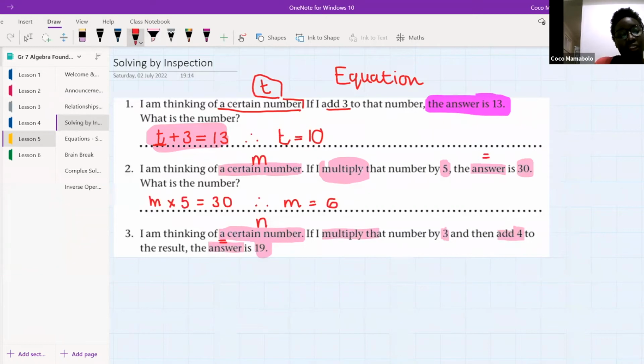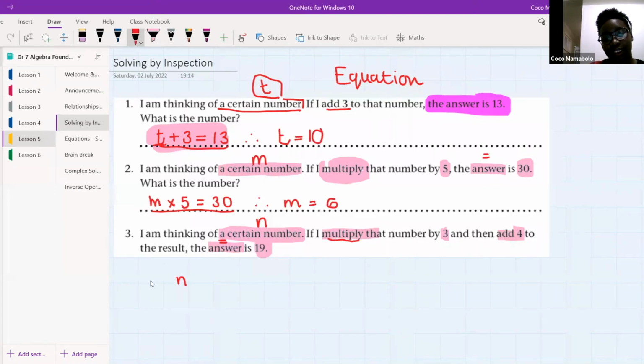Can you then give me a mathematical equation like we have over here and over here? You said we were using the variable N, so I'm going to start with N. What comes next? Multiply. How do we express multiply?